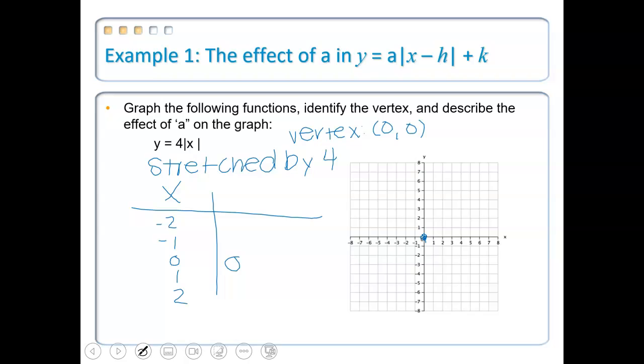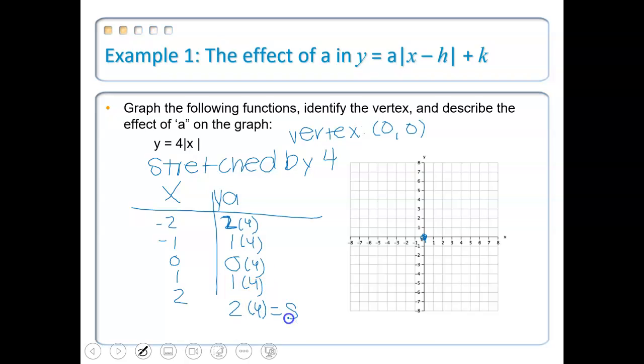The a value multiplies the original y. So the original y's are always 2, 1, 0, 1, 2 for the absolute value. So the a value multiplies to those points, giving you your new points.